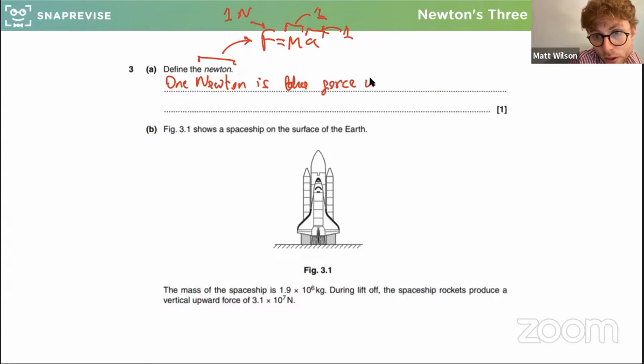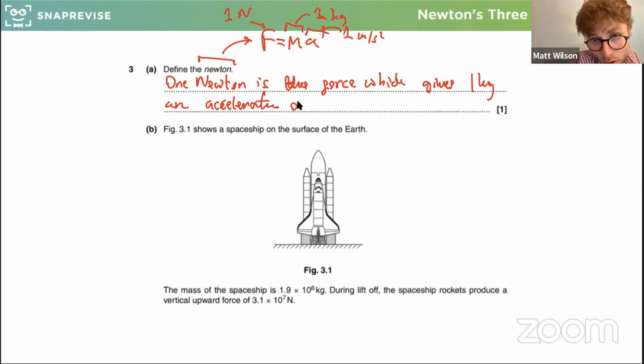The force, which gives, what have we got? 1 kilogram here, and this is 1 meter per second squared, which gives 1 kilogram and acceleration of 1 meter per second squared. Good, so that's the usual trick. Find the defining equation and say 1 lot of your unit is what you get when everything else in that equation is also 1. That's the only trick I really used there.